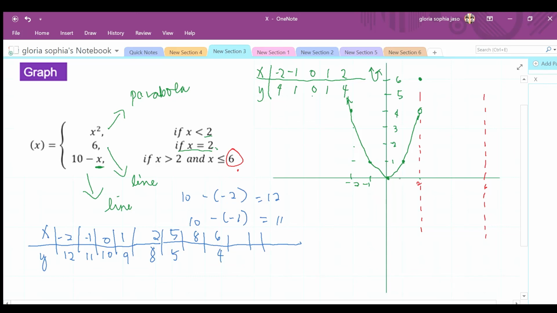Kapag 5, 1, 2, 3, 4, 5. Ayan. Tapos, 5, 5. 1, 2, 3, 4, 5. Okay? Tapos, pag 6. Pag 6, 4.